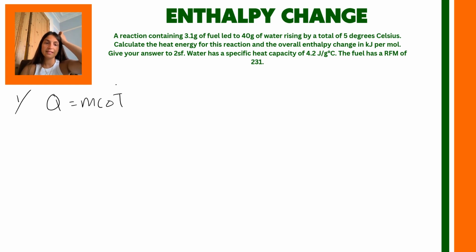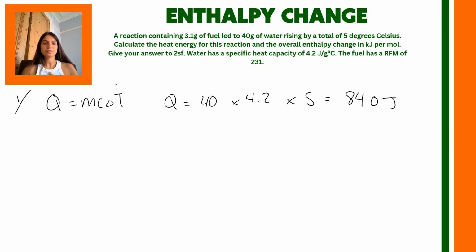So Q is MC delta T. How much energy was released in this reaction? Remember that M is the mass of the thing that's changing temperature. So here, that's the mass of the water, not the fuel, because the water is the thing that changed temperature. 40 times specific heat capacity, 4.2, times change in temperature, and it gave us that by saying it was a total rise of 5 degrees.